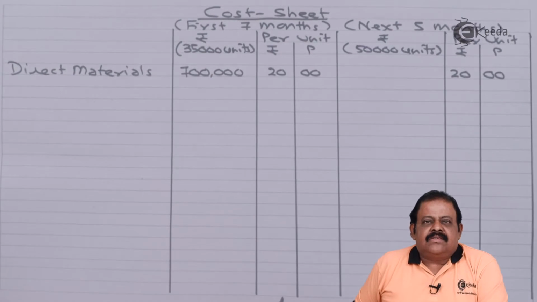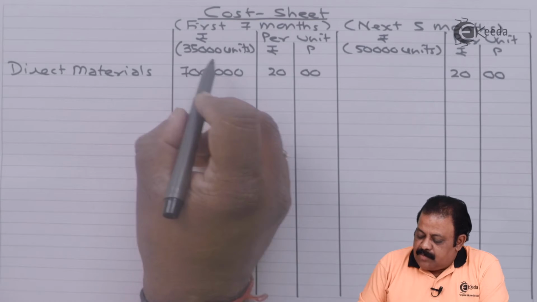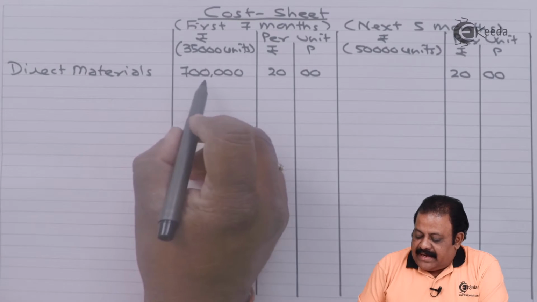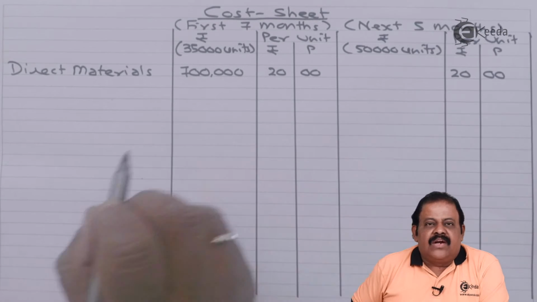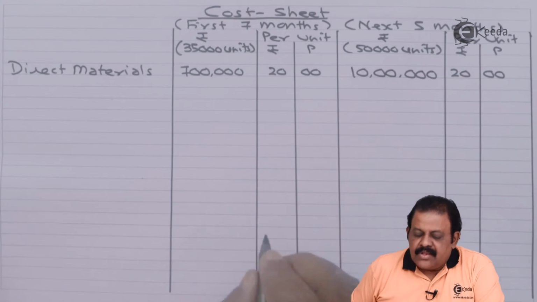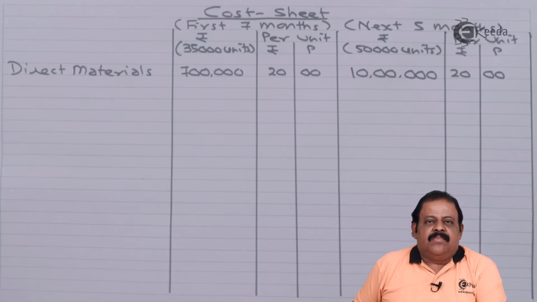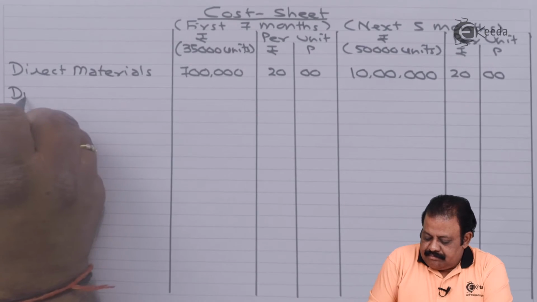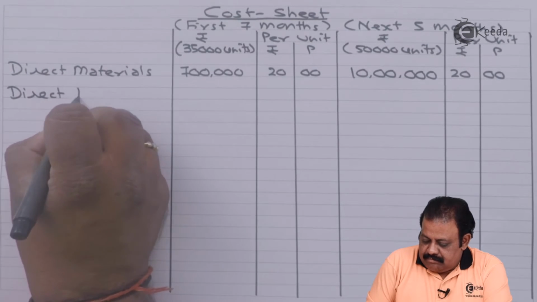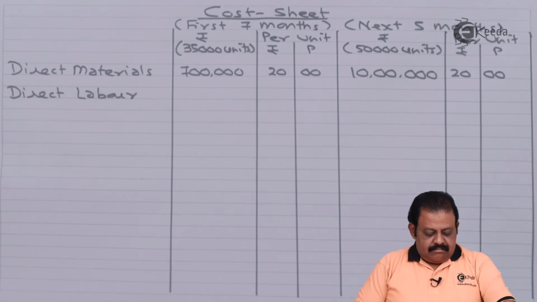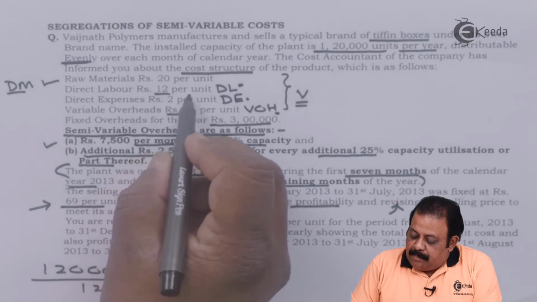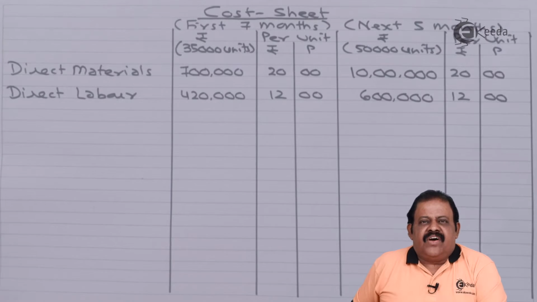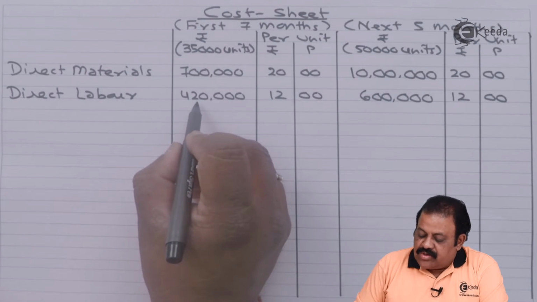During the first 7 months output is 35,000 units multiplied by 20, we get direct material consumption of rupees 7 lakhs. Similarly we can calculate for the next 5 months. It is rupees 10 lakhs for the next 5 months. Direct labor is rupees 12 per unit. During the first 7 months it will be 4,20,000.